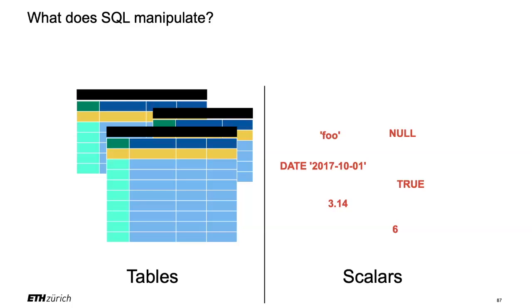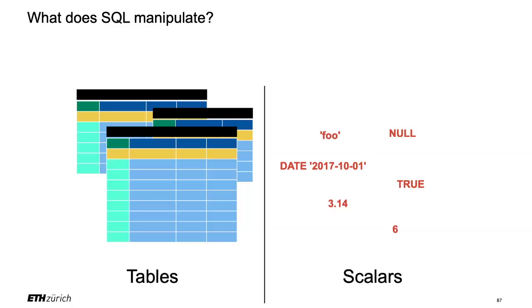When you write a SQL query, there's really two kinds of things that flow in these queries. The first kind is tables, entire tables. When you have a select from where, that produces an entire table, right?